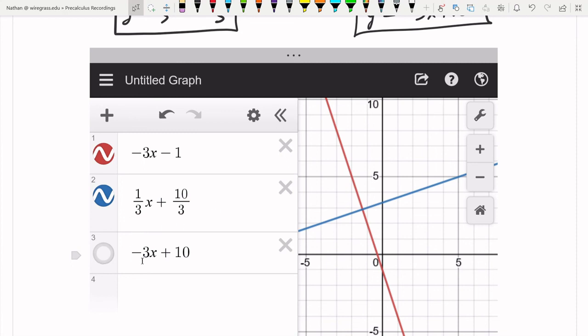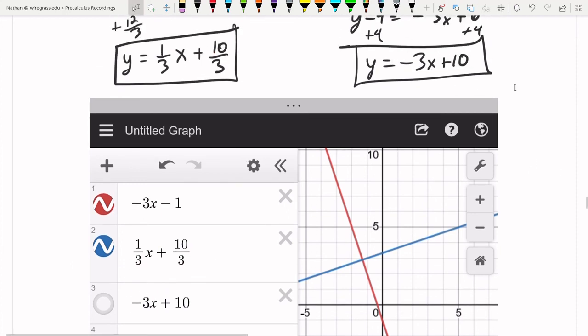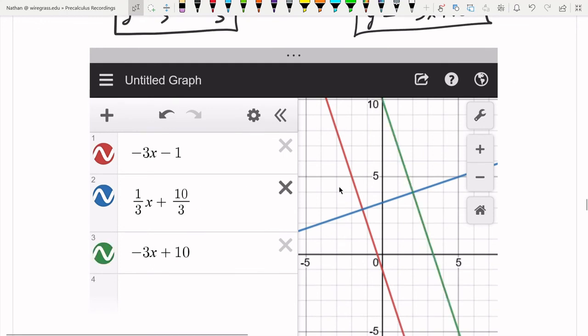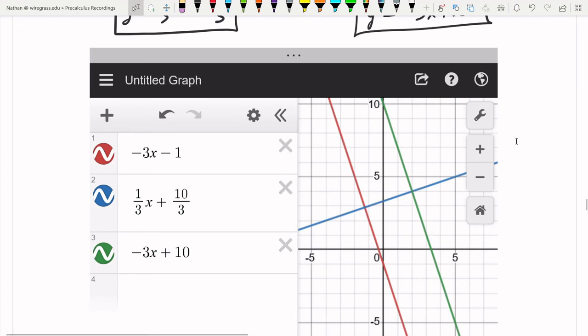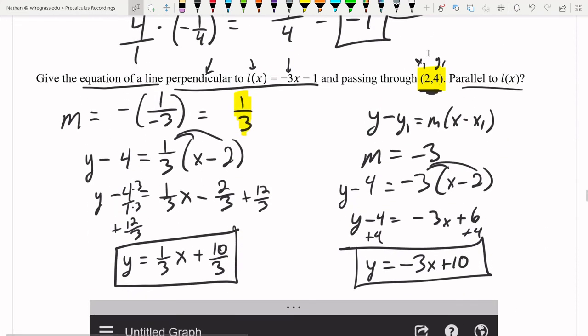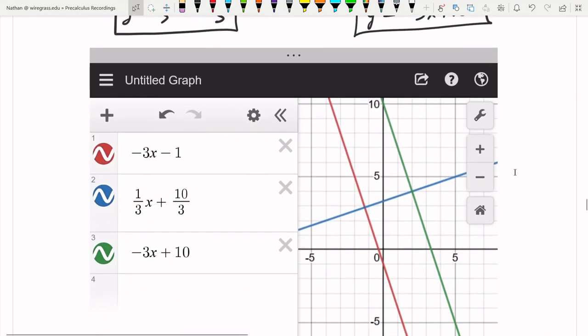And a line that's parallel to it, we got -3x plus 10. -3x plus 10 is right there. And of course, both of these lines have to pass through (2, 4).